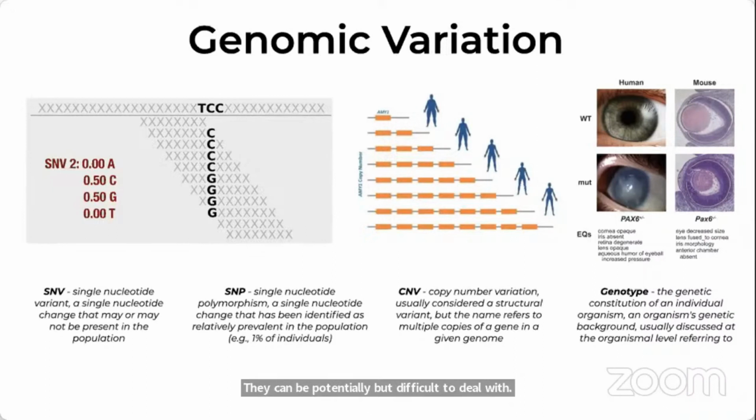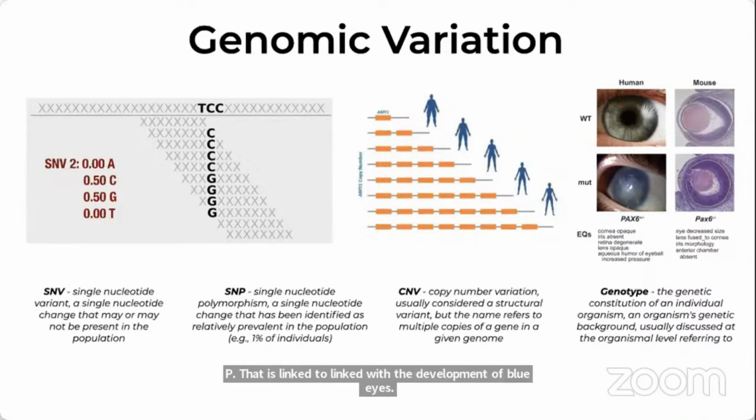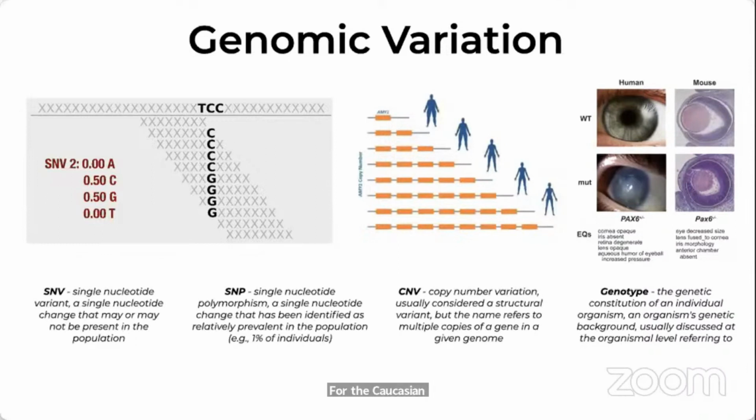One more example of a potentially advantageous variant is the SNP that is linked with the development of blue eyes, which is characterized for European and US populations.